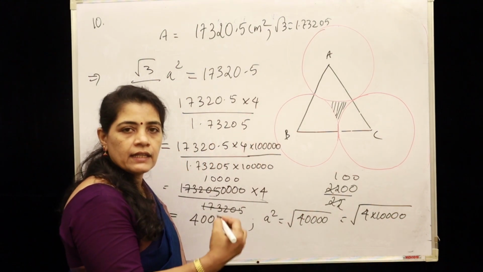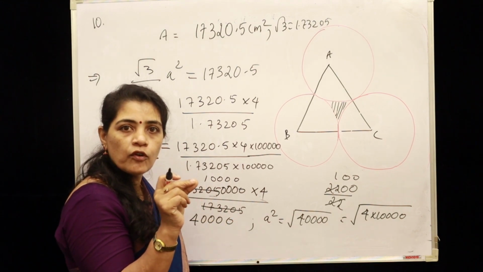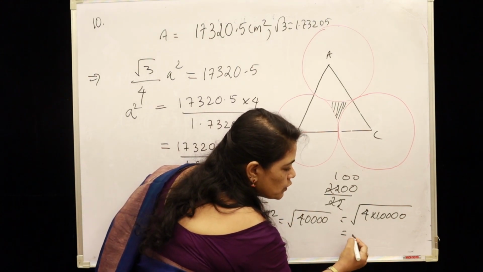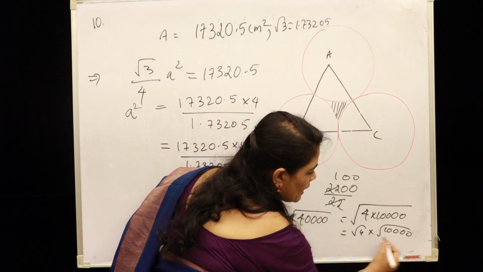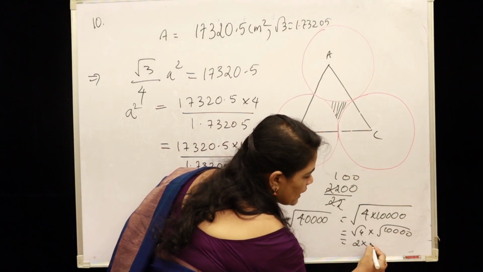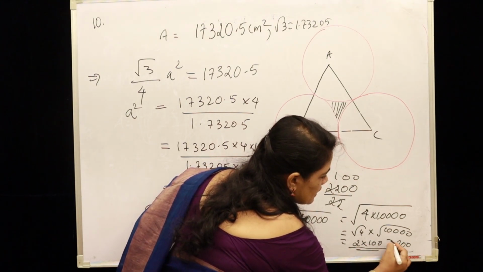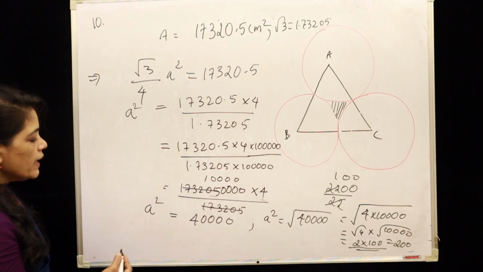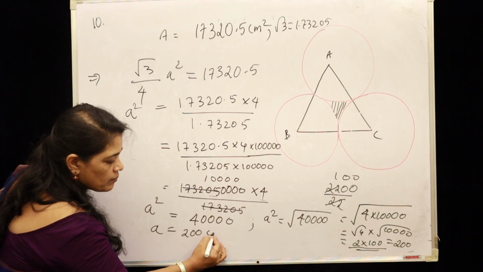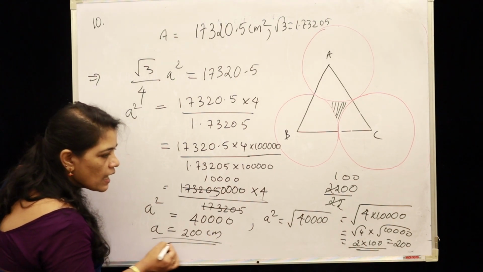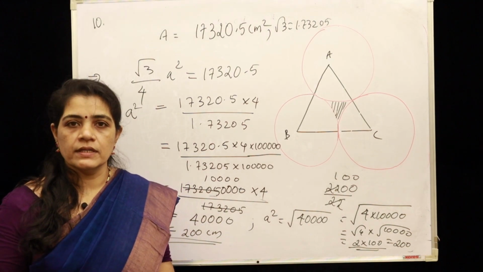Root A into root B. Root 4 is 2, root of 10,000 is 100. So 2 into 100 is 200, that means 200 centimeter is the side of the equilateral triangle ABC.